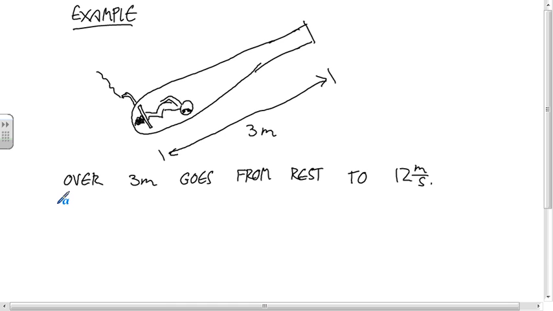And so I have 2 questions about this. What's the acceleration during that interval? And second, how long does this path take? How long does it take him to cover those 3 meters?